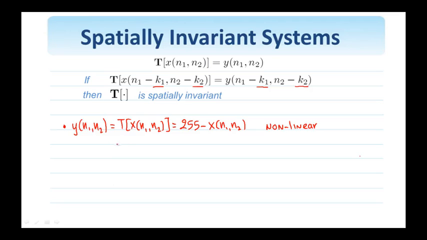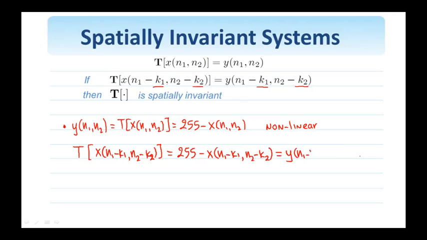Now, if I shift the input by k1, k2, and put this as input to the system, the output is equal to 255 minus x[n1 minus k1, n2 minus k2], which is clearly equal to the shifted output.